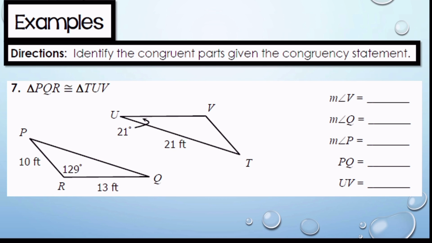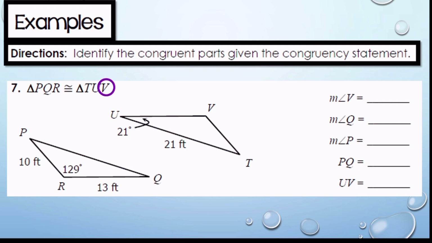Okay, so given congruent parts and given certain measurements, I can find other measurements. If we take a look really quick at my congruent statement, that's our congruency statement. Given that, I can find the measure of whatever angle we're looking for. So what is equal to the measure of angle V?